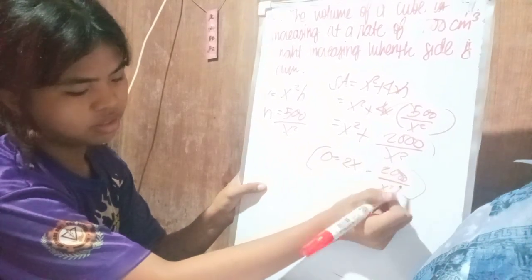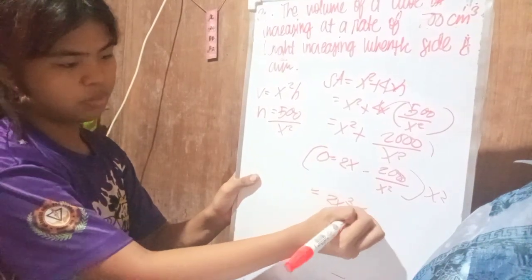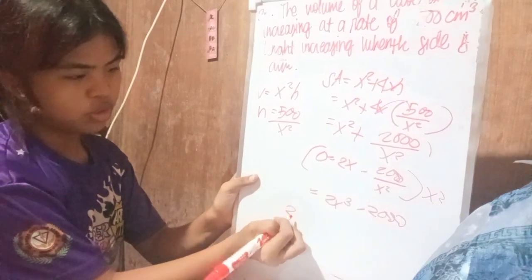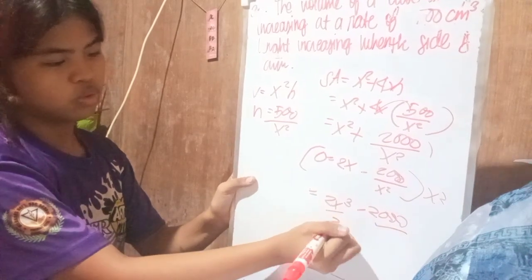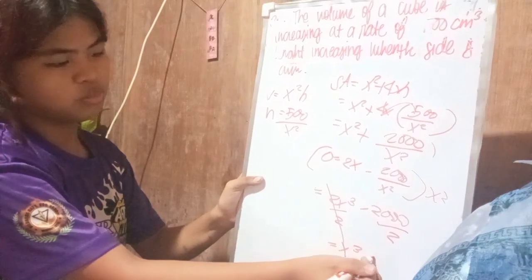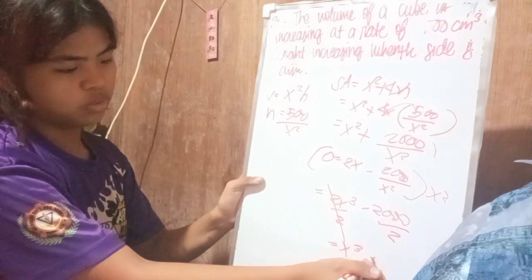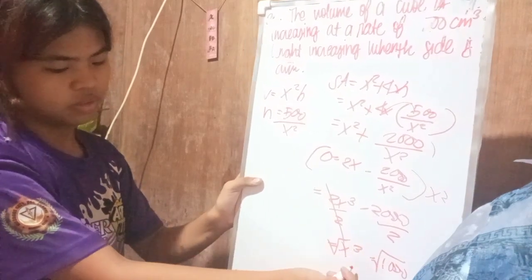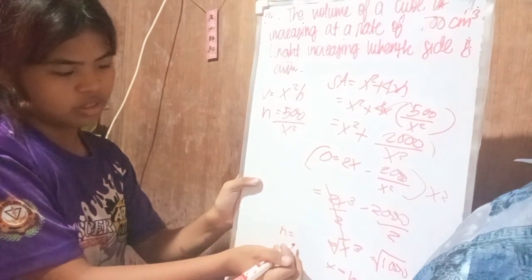Then this equals 2x cubed minus 2,000 over x squared. So we set it to zero so that the terms cancel out, so x cubed equals 1,000, and taking the cube root, x equals 10 cm, h equals 5.